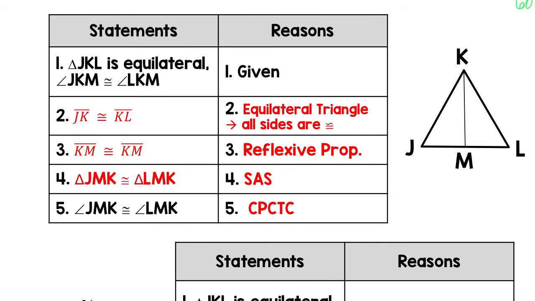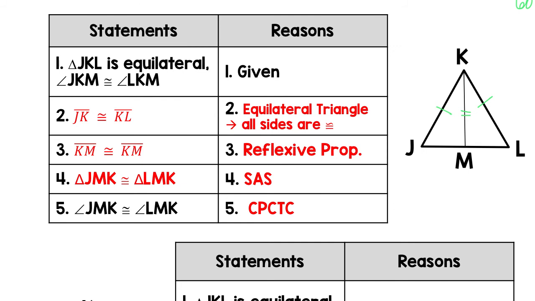We know JKL is equilateral and JKM is congruent to LKM. Those things are given. So we can say JK is congruent to KL because in an equilateral triangle, all sides are congruent. That's our corollary we were given. And then we can say KM is congruent to KM because we love the reflexive property.